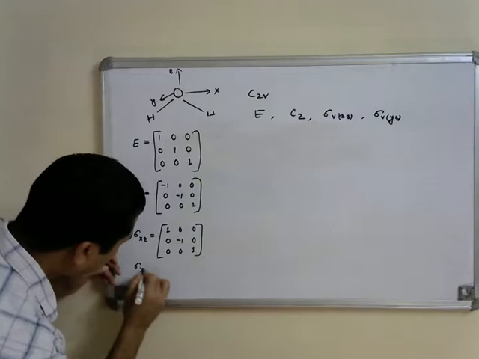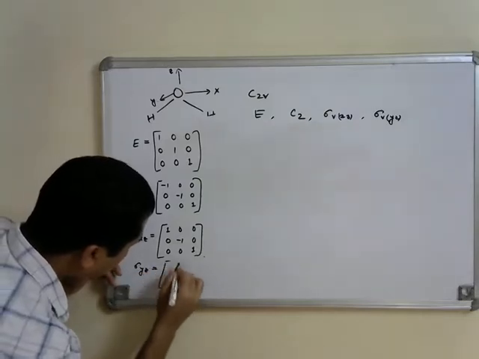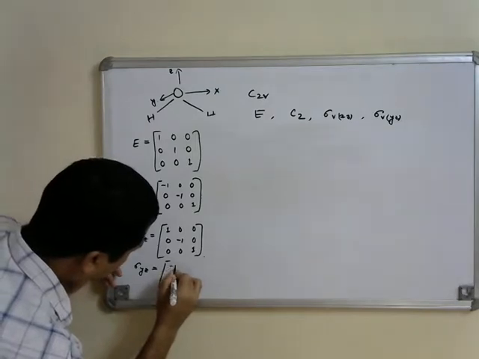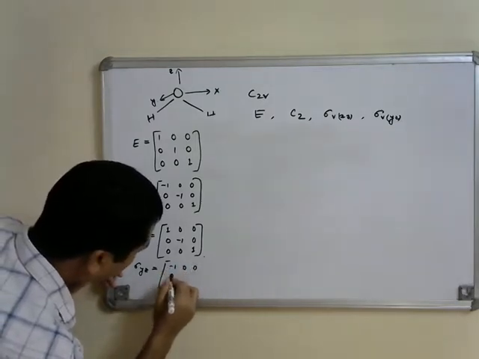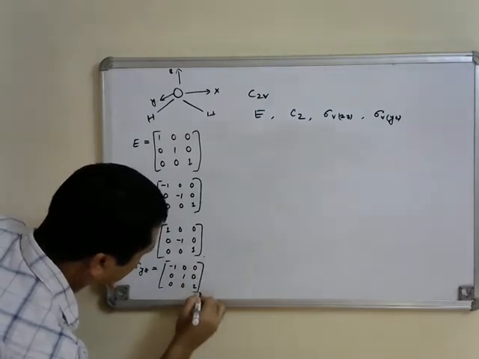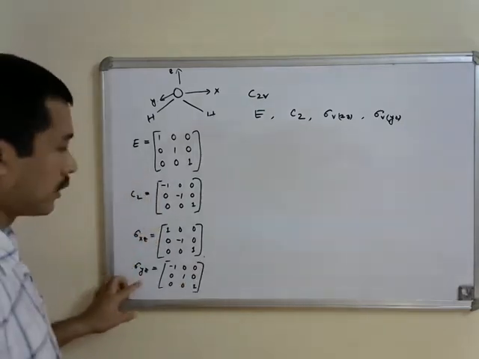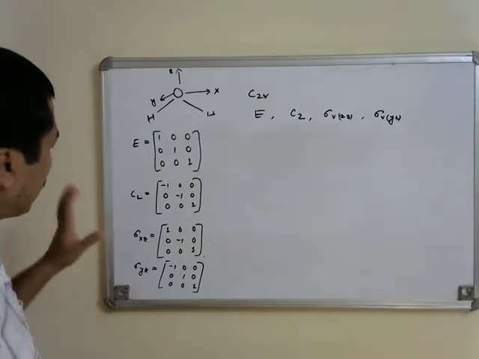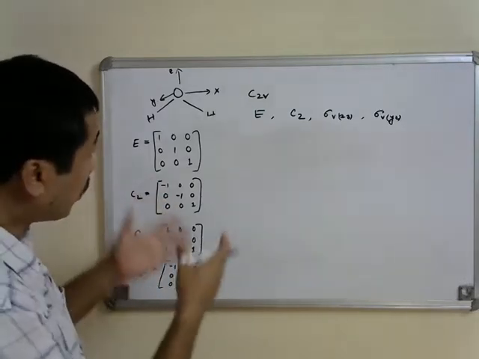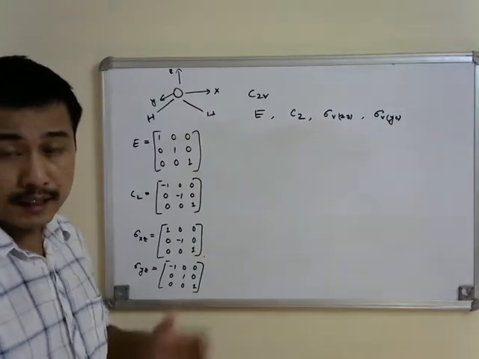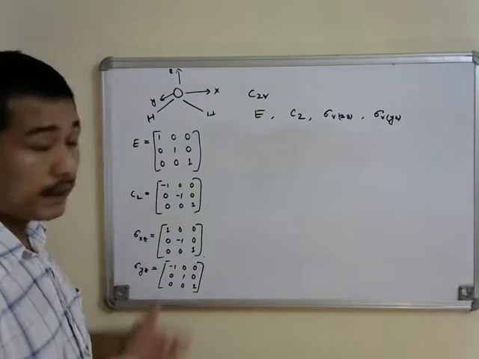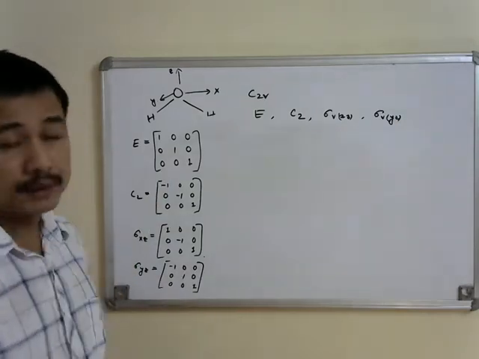And sigma v yz, again similarly we can write easily: x is going to change, y and z will not change, and this is going to be the matrix representation for sigma v yz. So now we have written the matrix representation for all symmetry operations in the C2v point group by taking the p orbitals on the oxygen atom as the basis.